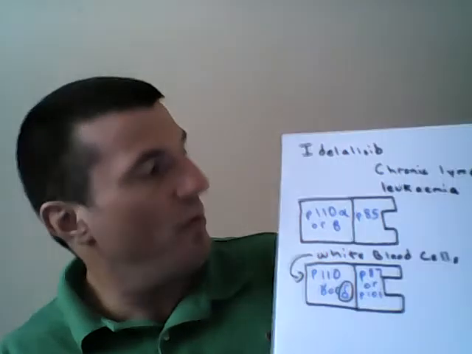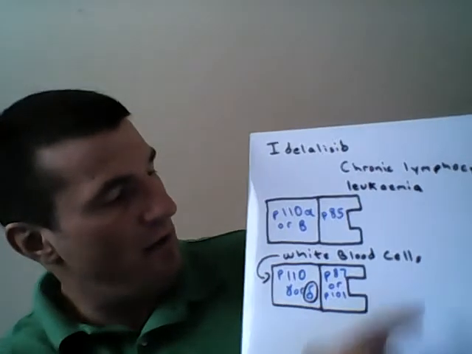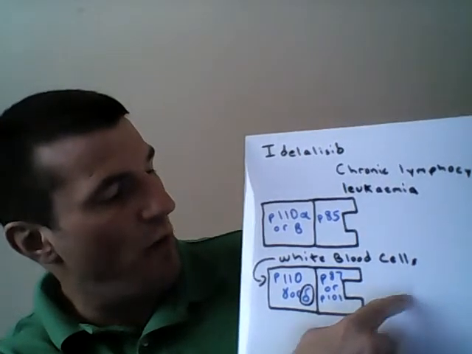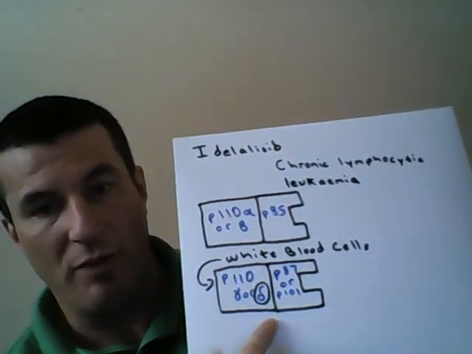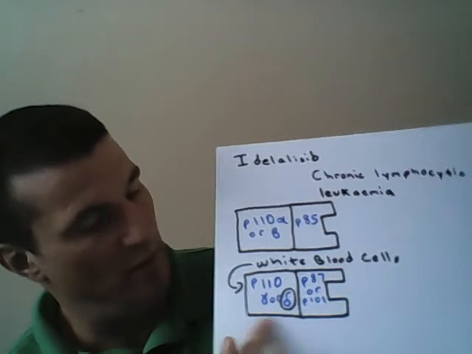Now, with Idelalisib, the white blood cells have a slightly different genotype, and that's a fact. One of the things that's different in white blood cells is that it has a different catalytic subunit of the PI3-AKT-mTOR pathway, or PI3 kinase, right here.